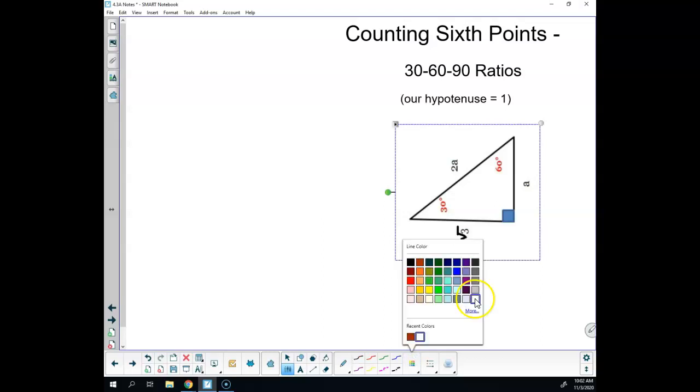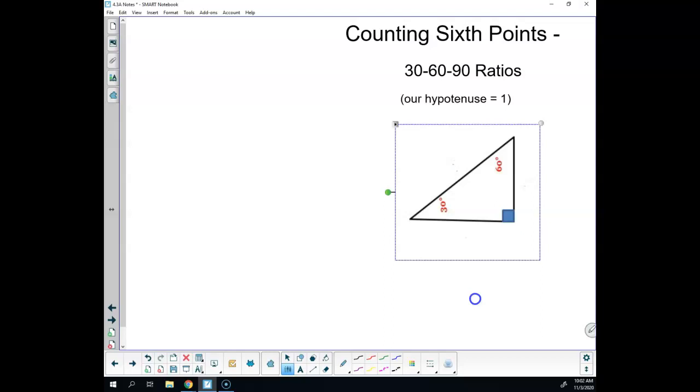So this is 30 degrees, which makes this one be 60 degrees.